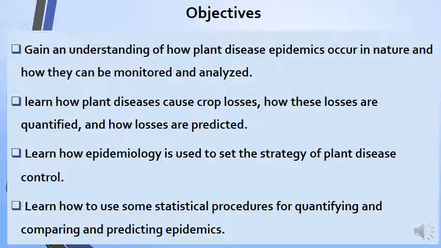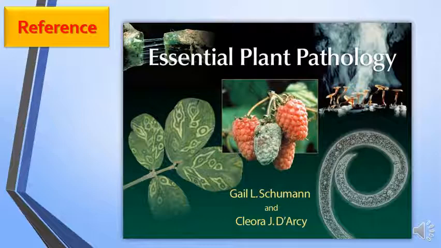Especially, we use the study of epidemiology and the factors affecting disease development to set the strategy of plant disease control. And in the end, we have learned how to use some statistical procedures for quantifying, comparing, and predicting epidemics.